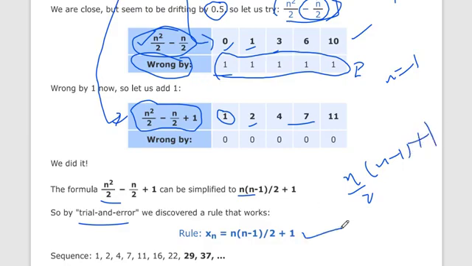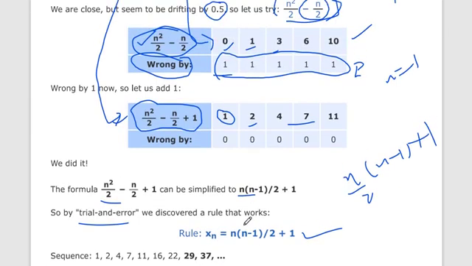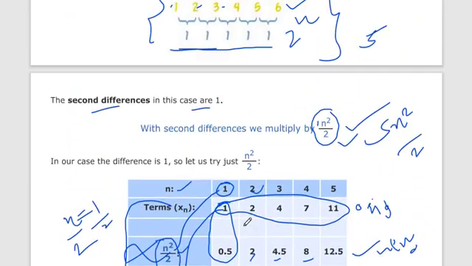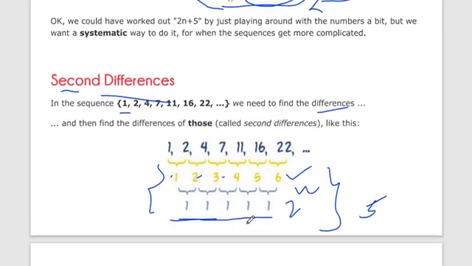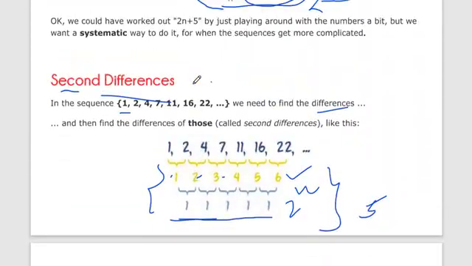So this is our rule of this sequence, and we can find the nth term and the missing term also. So this is the method of finding the rule of any sequence, using first difference and second difference.